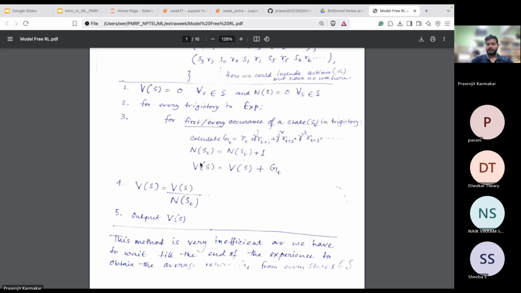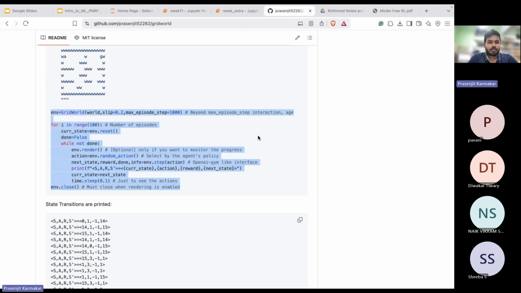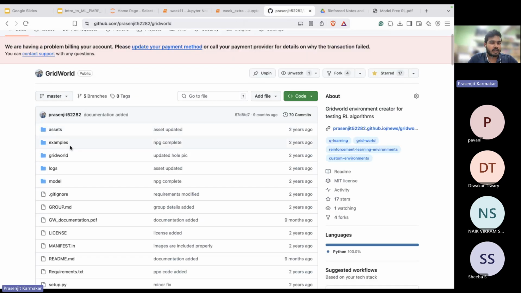So this is how you can evaluate a policy. Now let's see whether I have implemented it earlier.